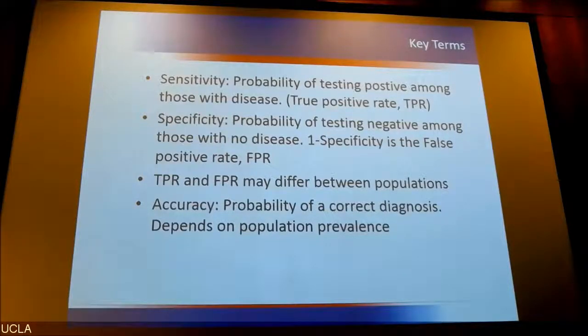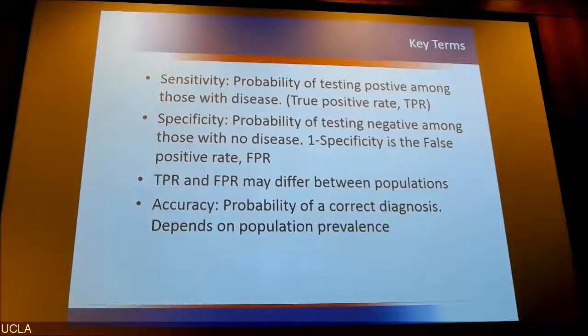Hopefully everyone is familiar with these things. But whenever we are trying to evaluate the utility of a biomarker or any method for predicting an outcome, say cancer status, yes or no, whether somebody has any particular disease or not, there's a couple of factors that we should consider. The first is the sensitivity.